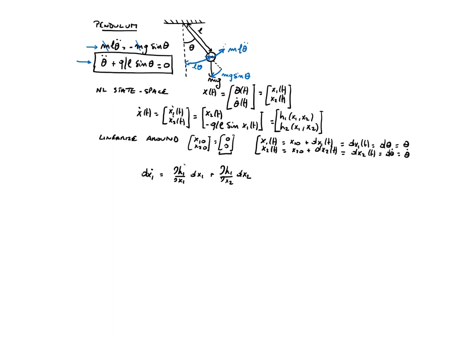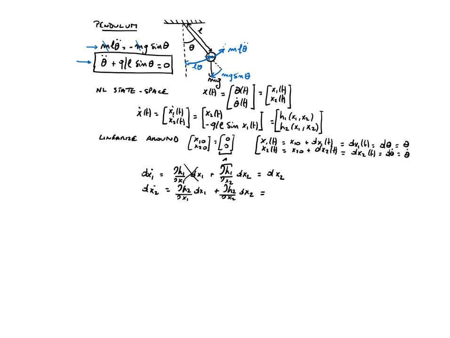So this one will not give a contribution, this one is 1, so we have simply dx2. dx2 dot is partial derivative of h2 with respect to x1 times dx1 plus partial derivative of h2 with respect to x2 times dx2.